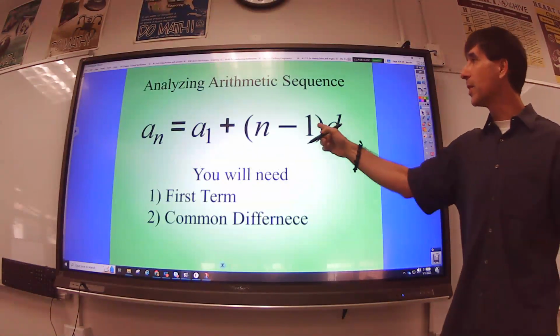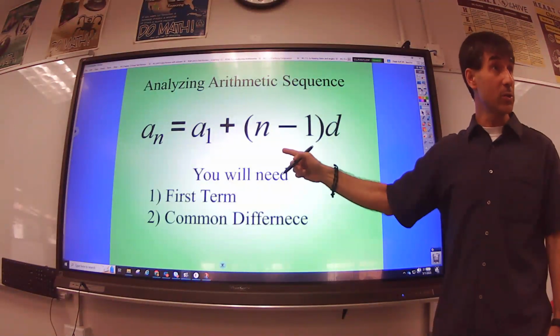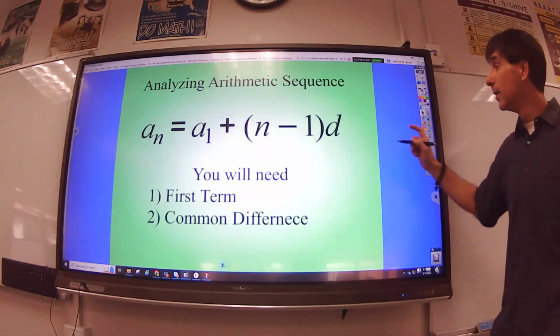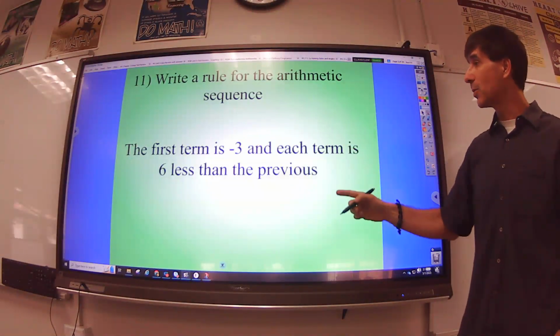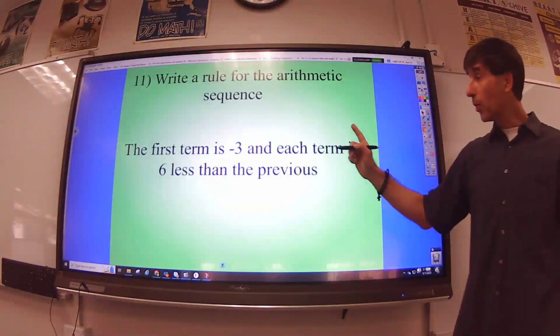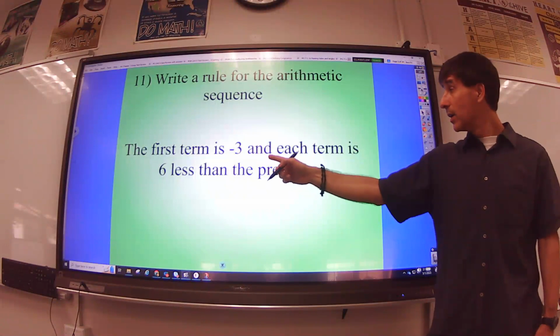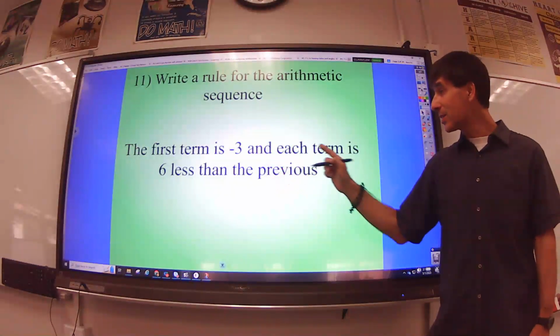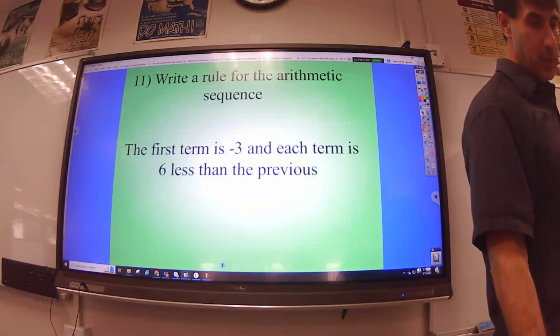This equation is for the arithmetic sequence, so you need to see that word arithmetic before you start using it. The first term is -3, and each term is 6 less than the previous term. I'll give you a second to write that down, and then we'll talk about this.